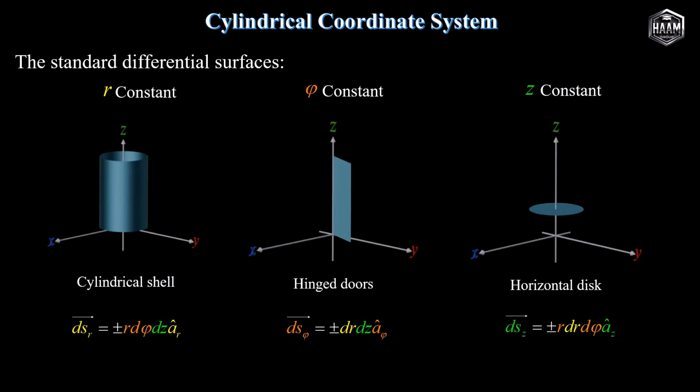It is therefore not necessary for all these variations to always be complete. It is not necessary for our horizontal disk to always range from 0 to 2 times pi. It could instead be cut in the middle, forming a sector, that is, a slice taken from this disk. In that case, dS remains dS sub z in form, but its bounds differ from those of the full horizontal disk shown here.